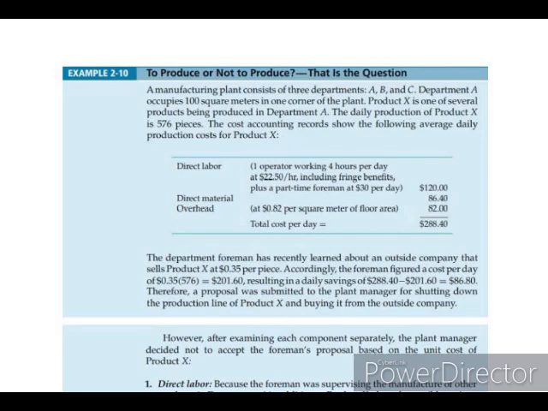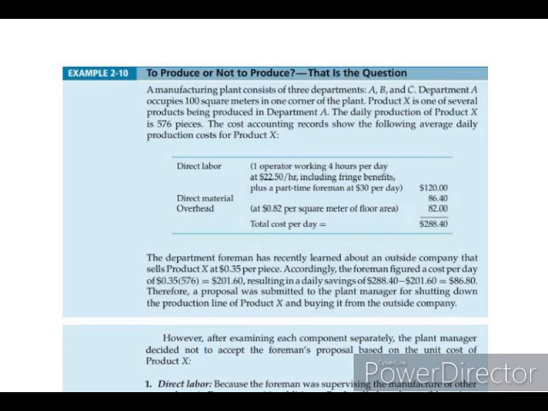The cost accounting records show the following average daily production cost for Product X. The direct labor is one operator working 4 hours per day at $22.50 per hour, including fringe benefits, plus a part-time foreman at $30 per day. So it has a total of $120.